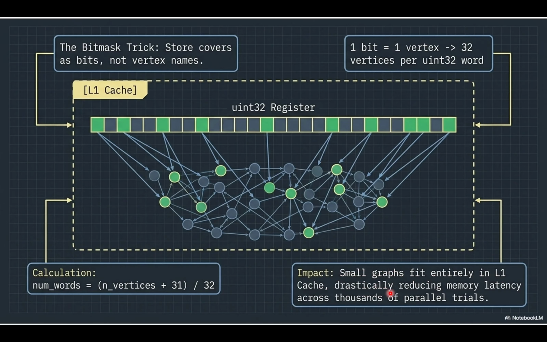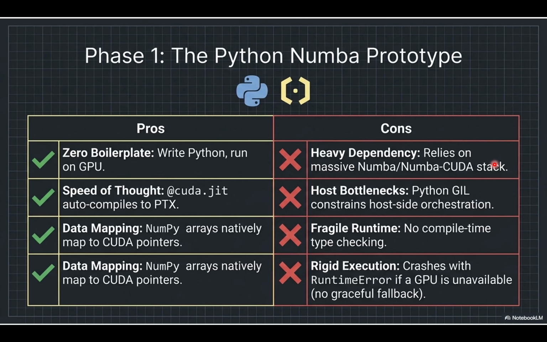Which is the ultra-fast memory physically resting on the processing chip itself. Right, it's insanely fast. So the math is simple, the hardware match is perfect, and the memory footprint is microscopic. But mapping independent mathematical trials to thousands of hardware cores isn't something you just write from scratch in C++ on a Tuesday.